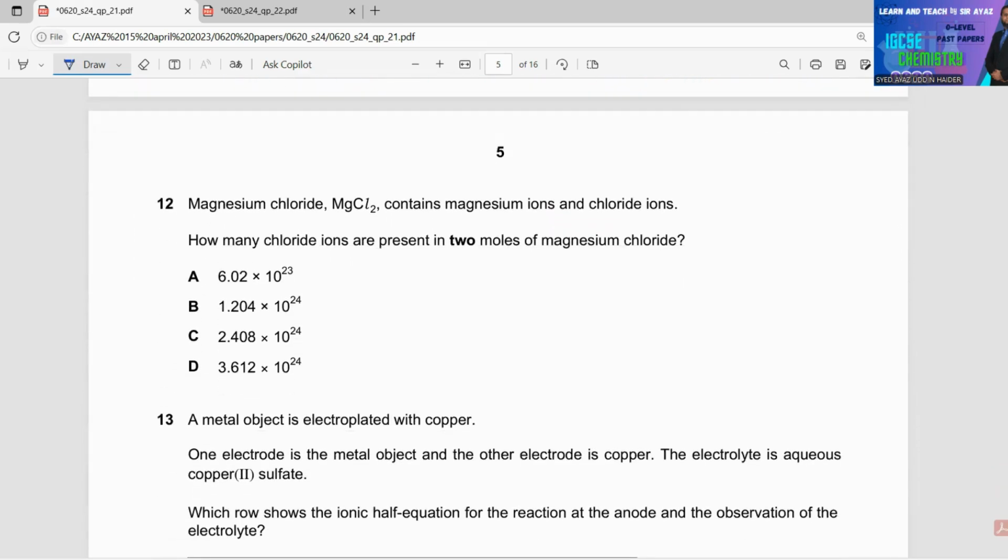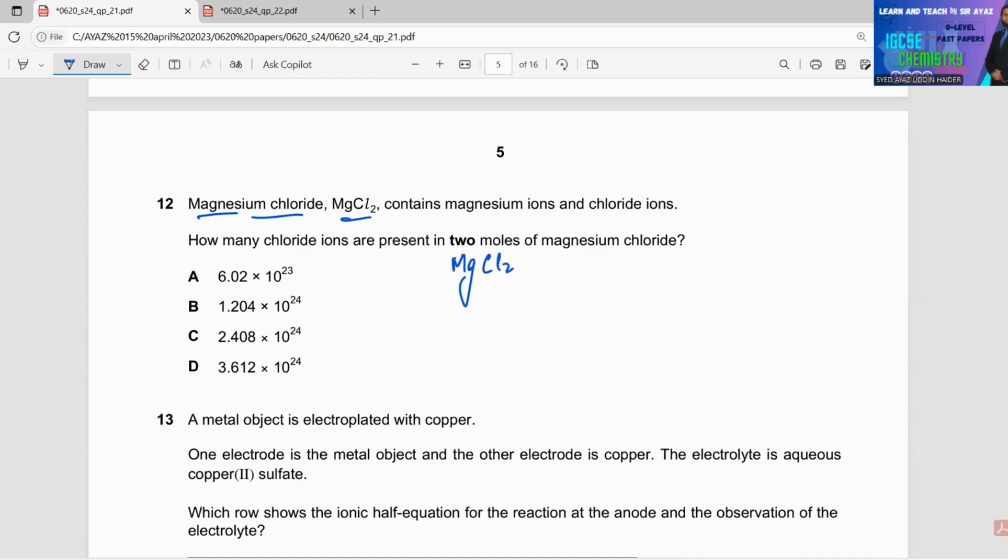12. Magnesium chloride MgCl2 contains magnesium ions and chloride ions. How many chloride ions are present in 2 moles of magnesium chloride? The formula of magnesium chloride is provided to us, MgCl2.